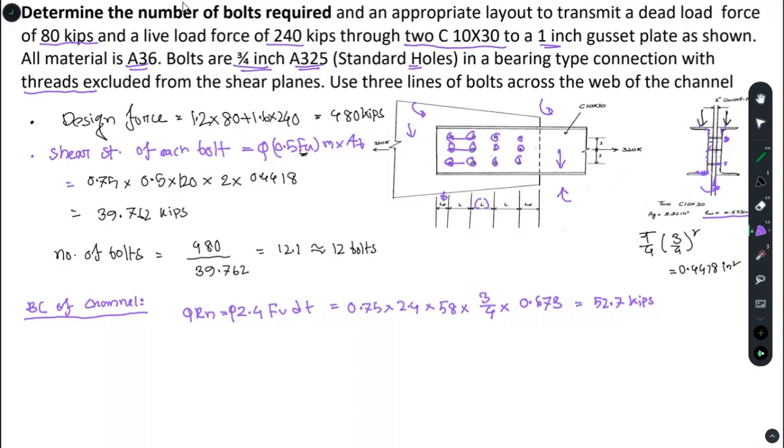So the bearing capacity of the channel would be 52.7 multiplied by 24, which is 1265 kips, and which is greater than the external loading, 480 kips, what we are designing for. So the bearing capacity of the channel is okay. Now we'll find out the bearing capacity of the gusset plate.